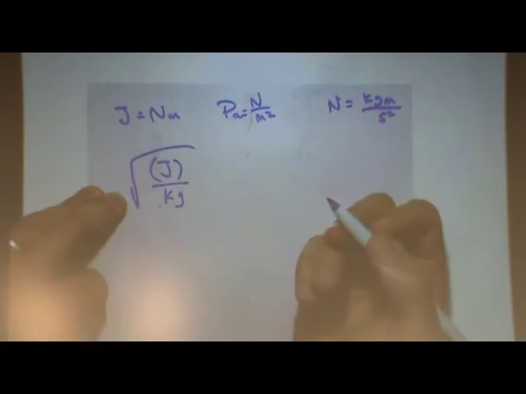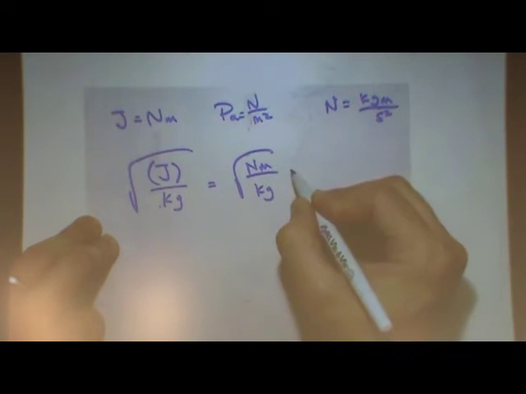Okay, you need to know that a joule is a Newton meter, a Pascal is a Newton per meter squared, and a Newton is a kilogram meter per second squared. I don't give you these. So if I gave you the square root of joules over kilogram and said simplify, you would just plug in accordingly.